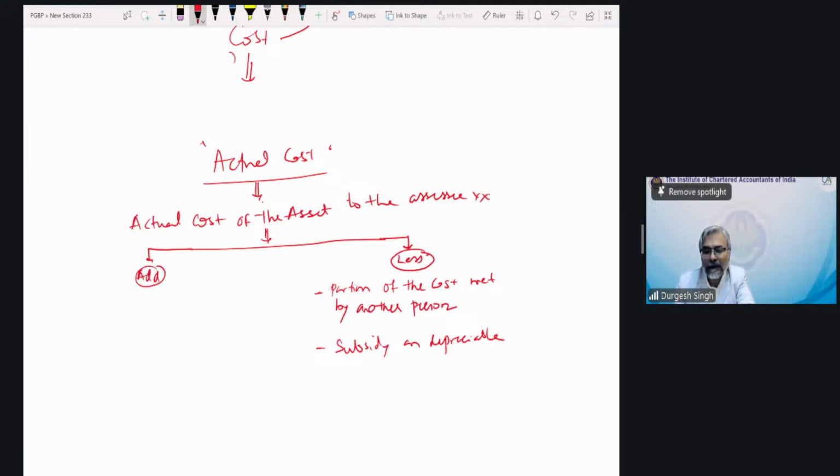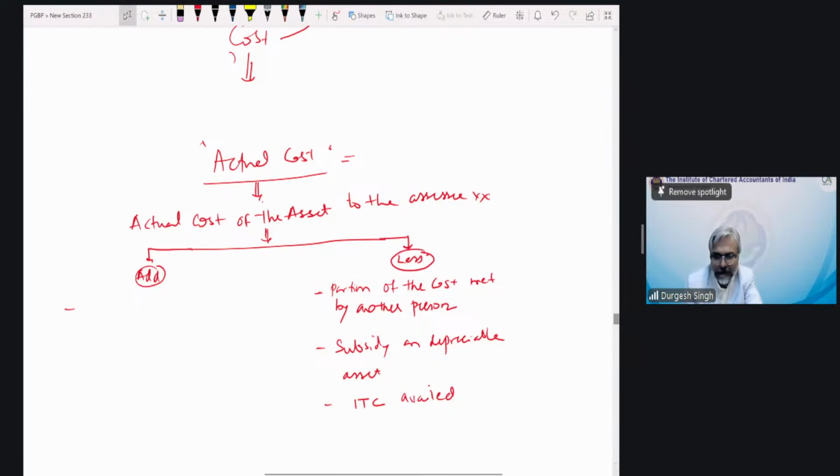Third one is ITC availed. Subsidy on depreciable asset, will it be reduced to determine the actual cost? And the answer is yes.